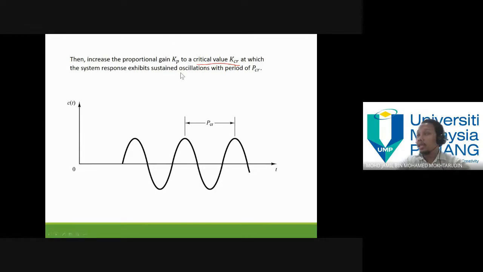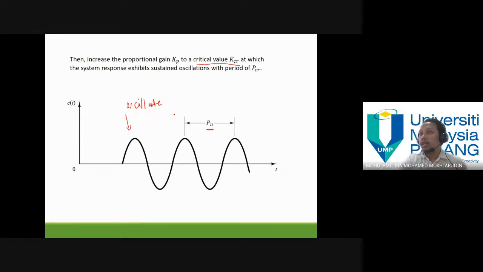So this critical value is the value when the system exhibits a sustained oscillation with a period PCR. So you have a time response, you increase K, and you evaluate the time response until it becomes oscillating. Okay, so it oscillates with a period PCR.